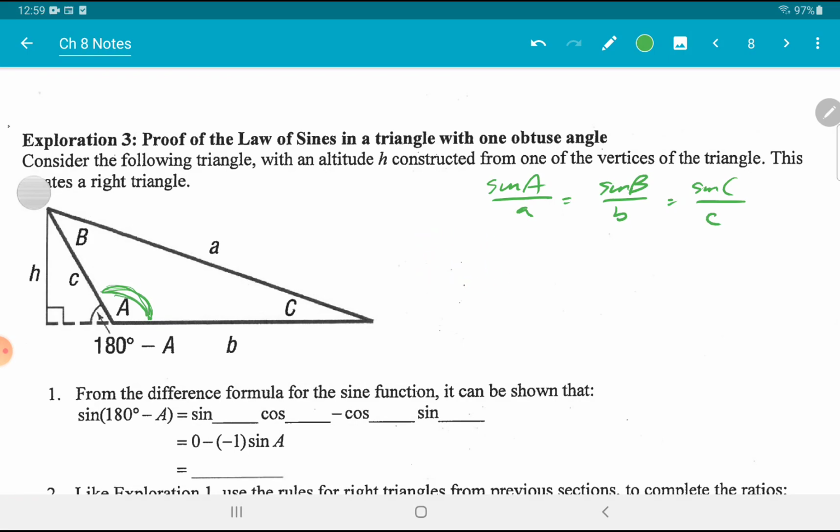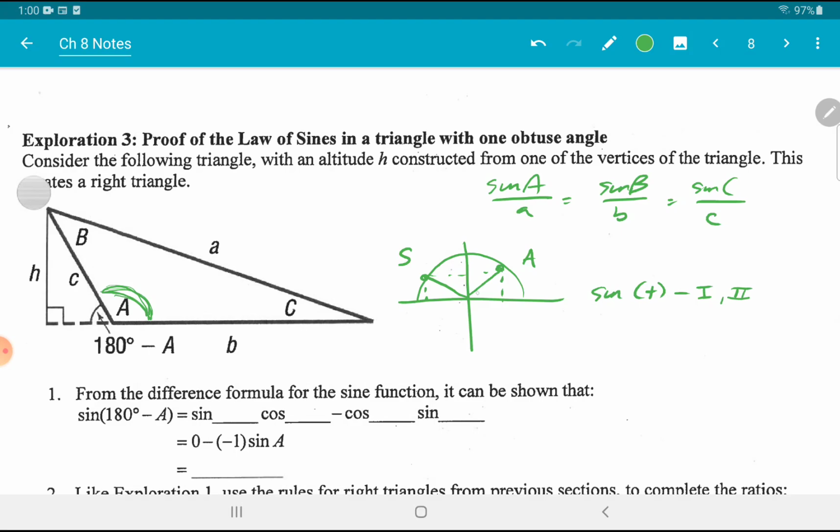But the law of sines still works here, because if you think about how you can find equivalent sine values, remember in a previous lesson how we had seen that the sine, or basically the y value that's in quadrant 1, is the same as the sine in quadrant 2. So because they have the same value, remember that sine is positive both in quadrant 1 and quadrant 2. They are both going to give you equivalent values.